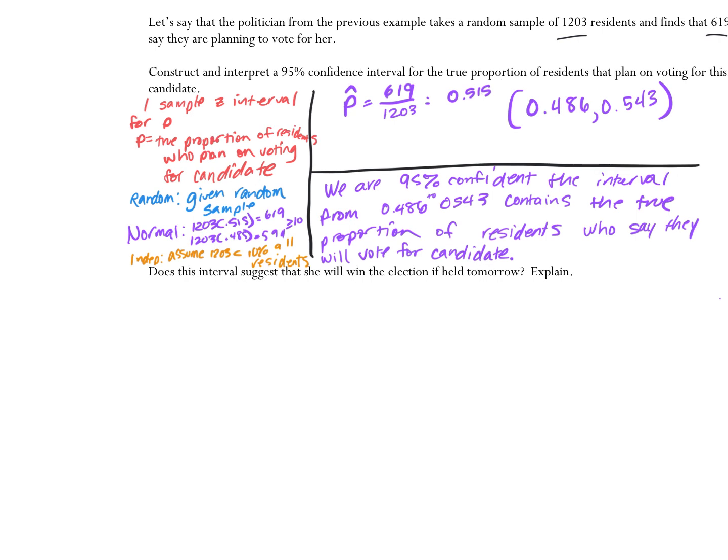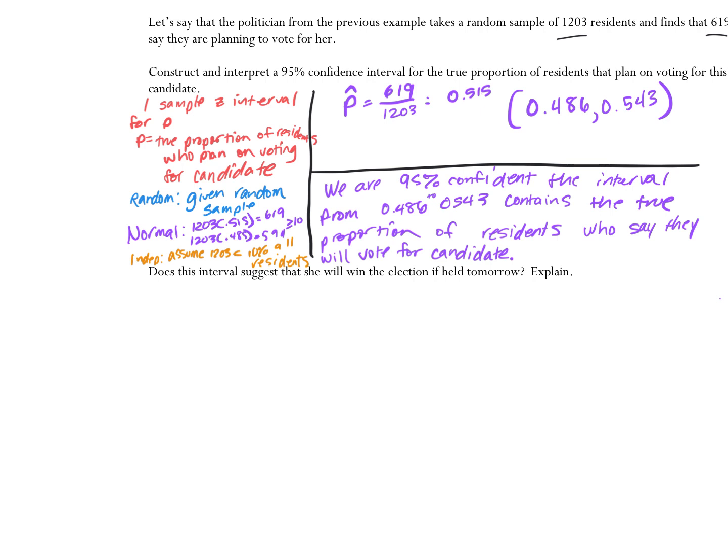Okay. So now, the big idea is we're trying to make an estimate, right? And why would the candidate care about estimating what percent of people are going to vote for him? They want to know if they're going to win, right? So we also want to be able to use our interval to make a conclusion.